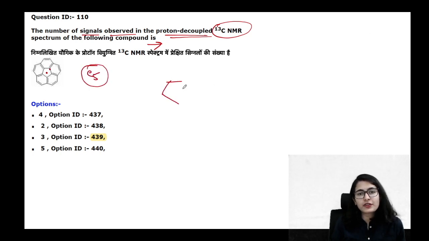Because I just saw the central portion. If I just move on with 72 degrees, this much, I'm going to get the same structure. Alright, so basically 360 degree divided by 5 is going to give you the angle which you are going to move, and that is going to give you the same structure.